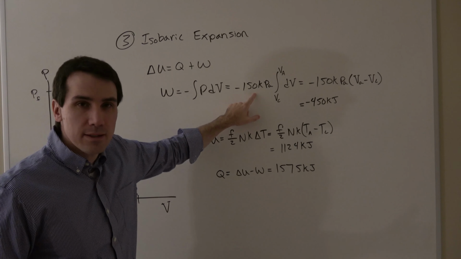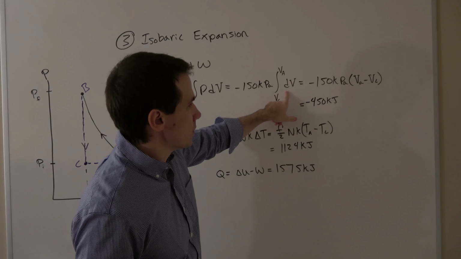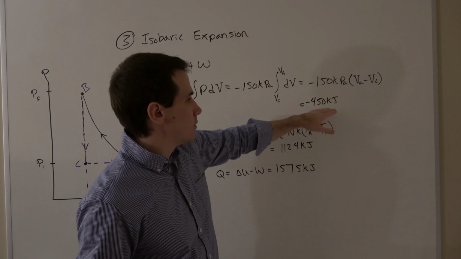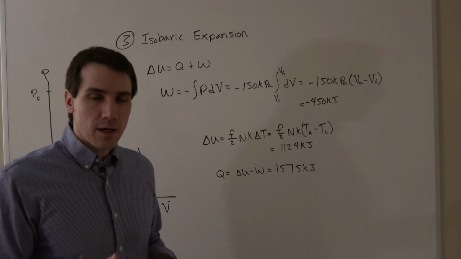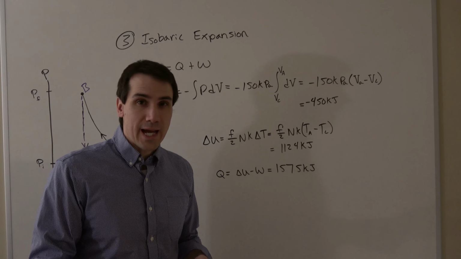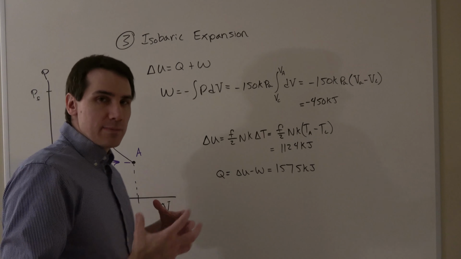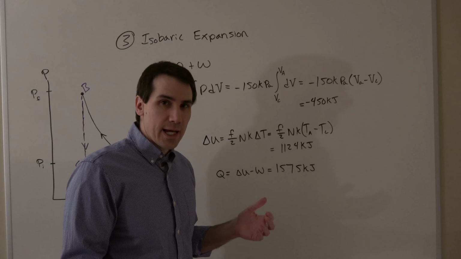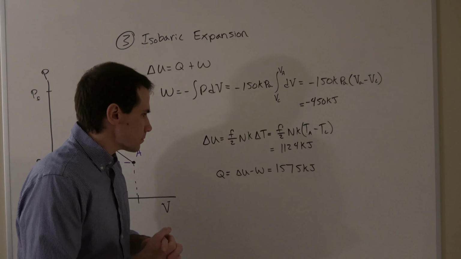Because P is a constant, we can pull it outside of that integral and we just get an integral over dV. Solving the integral, we get negative 450 kilojoules of work done on the gas. Because the gas is expanding, we expect negative work to be done on the gas. So the negative sign makes sense there.